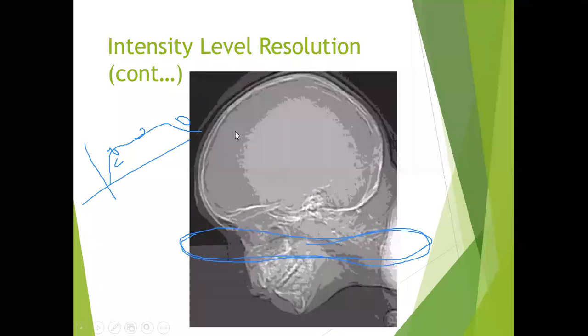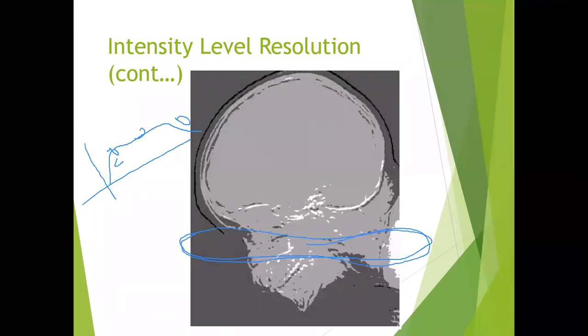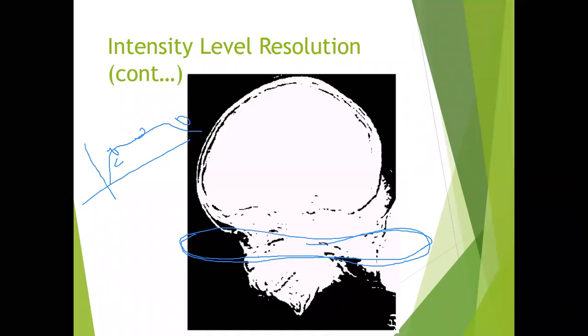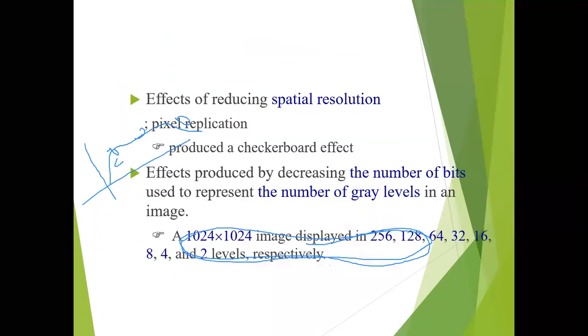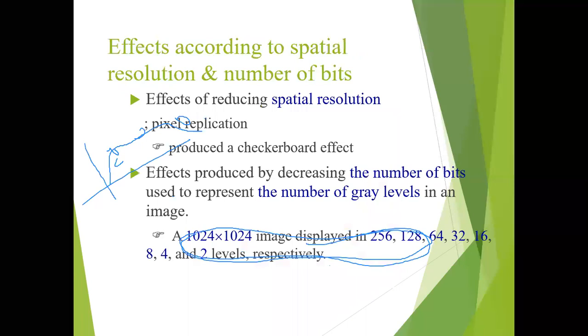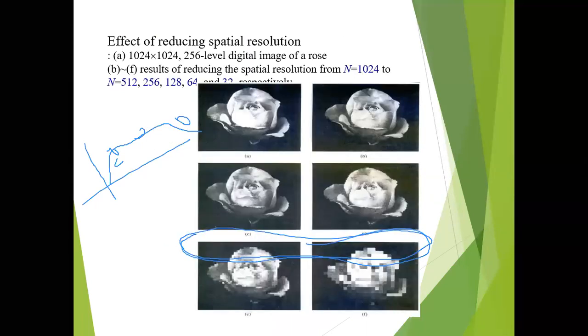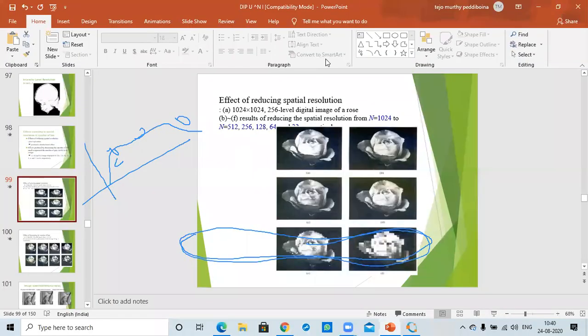That is not present in this one. Here only two shades are there. Again, that particular shade has also disappeared here. Then if you go to this last one, we can understand only black and white.